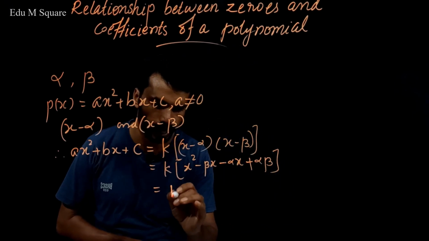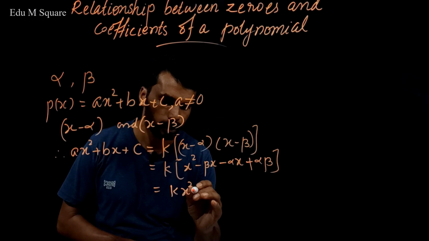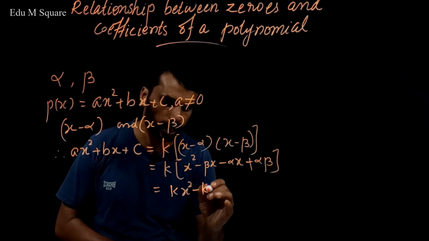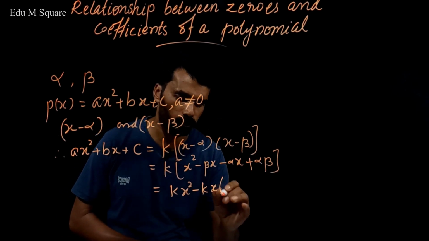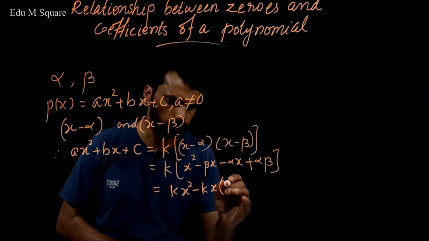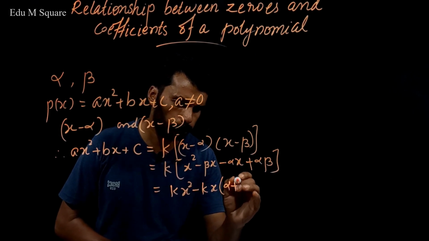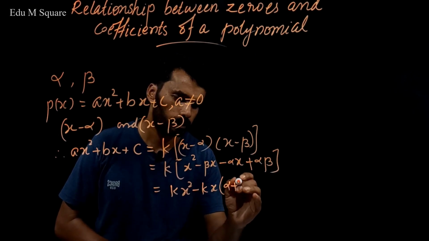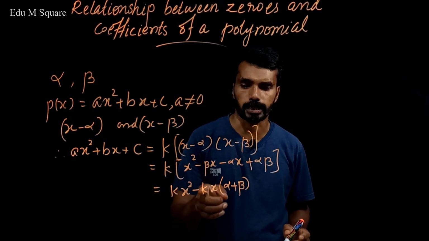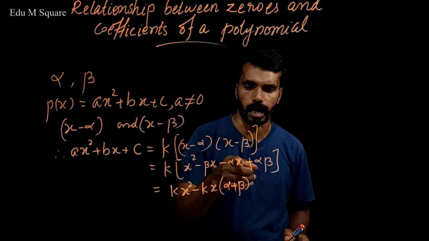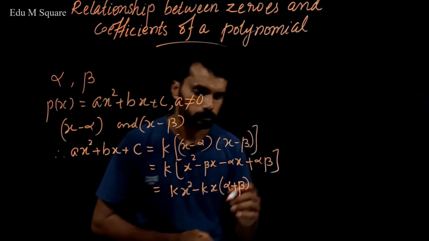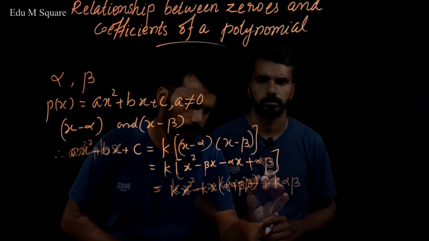Distribute this k to the terms inside the bracket. So we get kx square. Now here x is common, so take that x as a common factor from both terms. Then there remains alpha plus beta, that is minus kx alpha, then minus kx beta, plus k alpha beta.